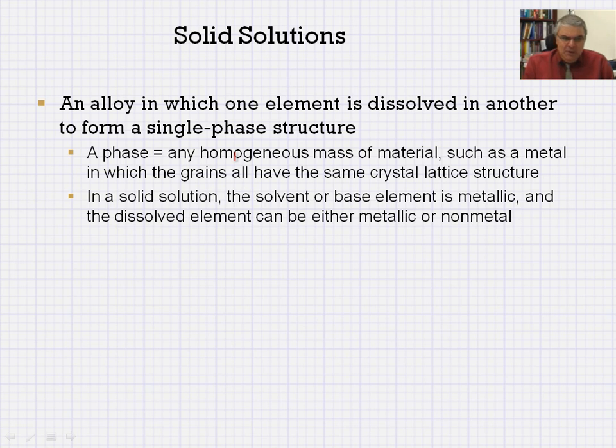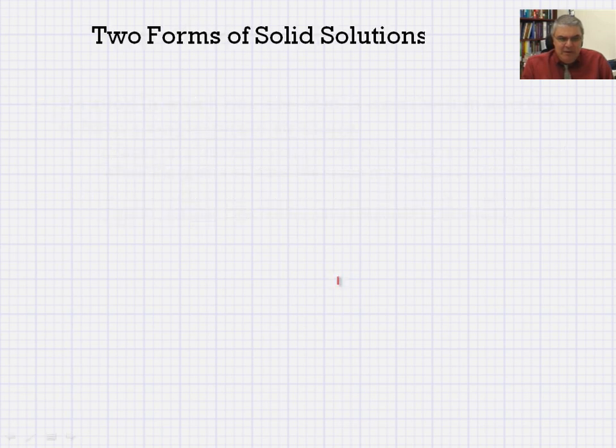And it is also important to realize that the structure of the grains, when we talk about the phase, must be the same. In a solid solution, the solvent or base element is metallic, and the dissolved element can be either metallic or non-metallic. In other words, we have the metal and we add something to the metal. So that's really the basic of that.